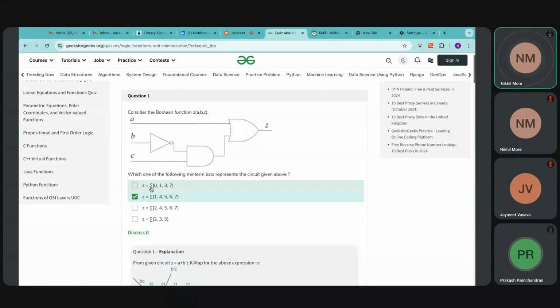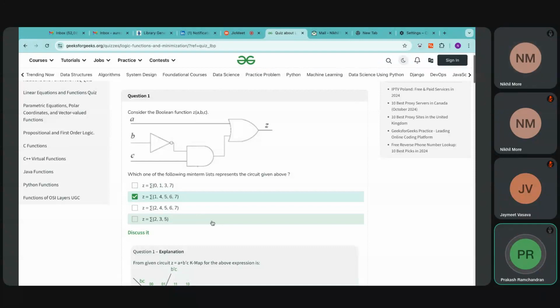In product of sums, it is pi. In sum of products, it is sigma. A keyword that I use is that S stands for sigma, so SOP is sigma. Product of sum starts with P, which is pi.